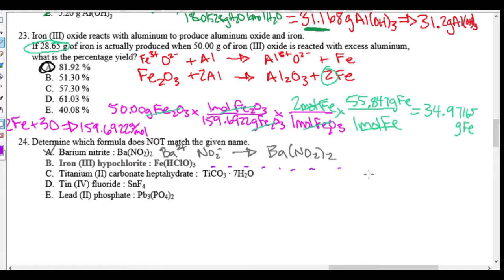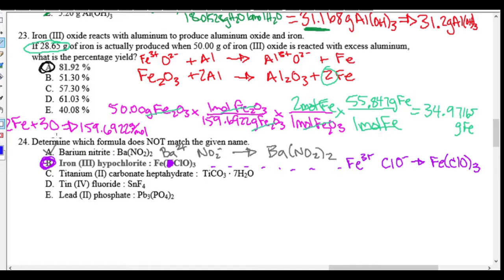Okay, so we have Fe3 plus hypochlorite. That's going to be ClO-. When we put those together, we should get FeClO3. Well, we've got something extra right there that we don't need. So that would be our answer right there.